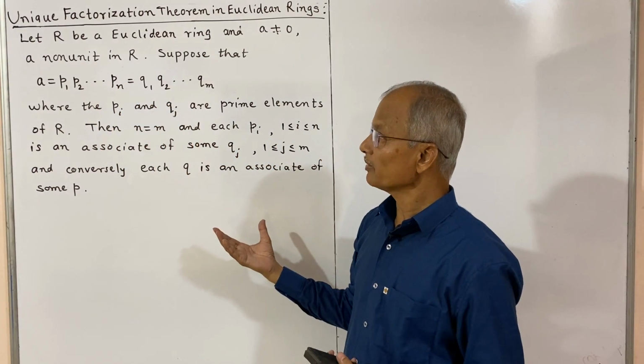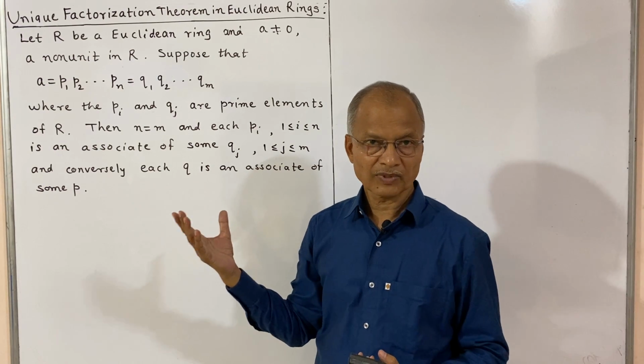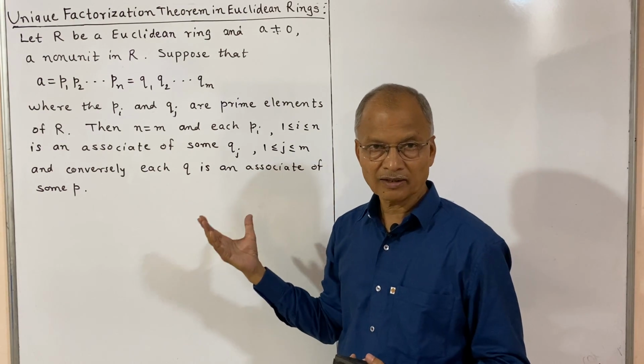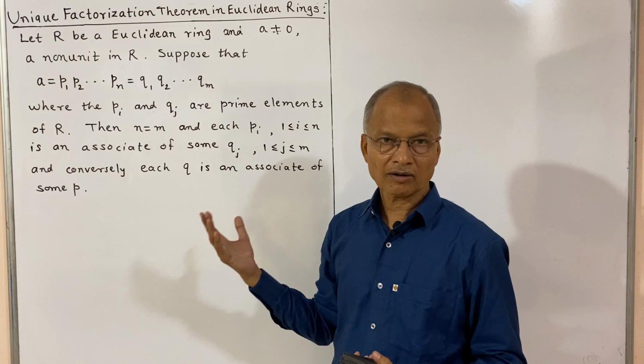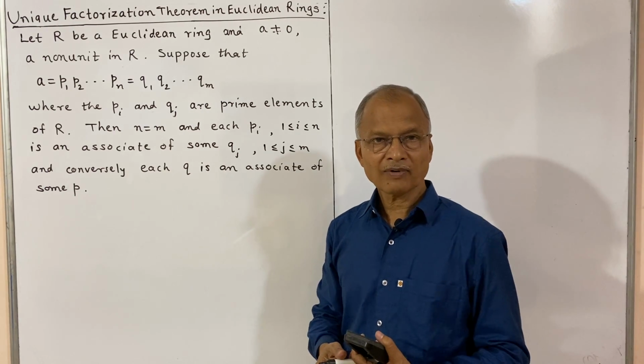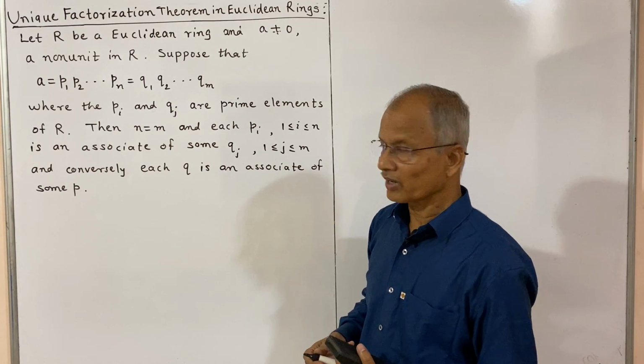A non-zero element in a Euclidean ring is either a unit or can be written as a finite product of prime elements.